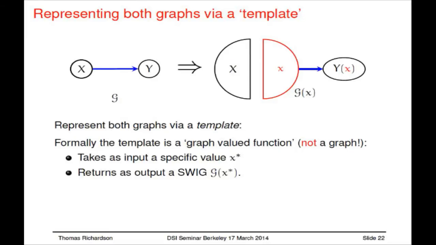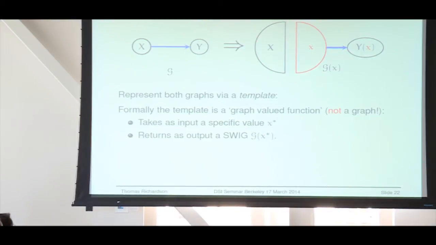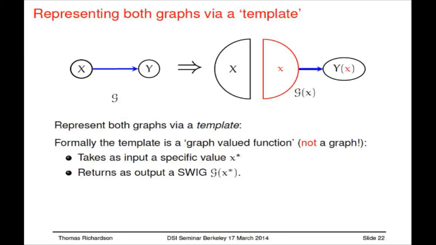You might say, well, do I really need to make a new version of this graph for every value of x? Supposing I've got countably many of them, supposing I've got infinitely many of them, isn't it going to take me rather a long time to write out all these graphs? Of course, I can represent all of them just by a template like this. We can think of this as representing both the graph with x equals 0 and the graph with x equals 1, but it's important to be precise about what we're doing.